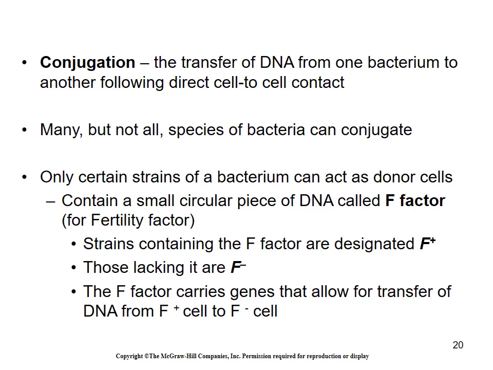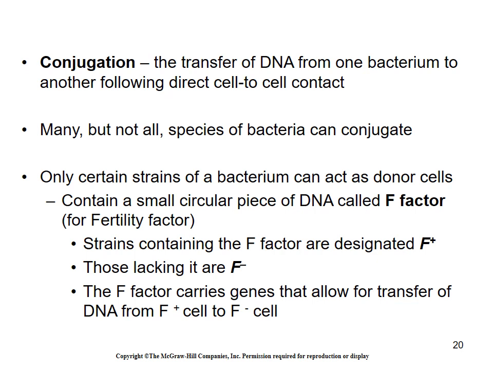If we see that a bacterium is able to do conjugation, then usually we call it a donor cell. A donor cell has, in addition to its single chromosome of circular genetic DNA, a smaller plasmid of DNA that we call the F factor, and the F stands for fertility. The fertility factor is what allows these cells to be designated as F positive.